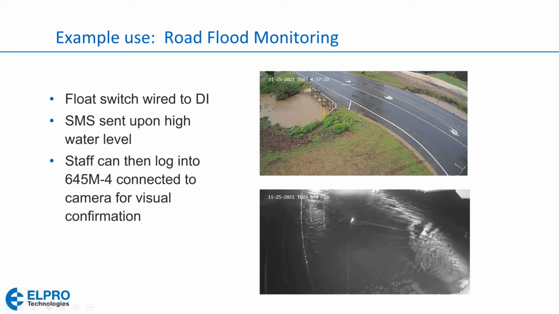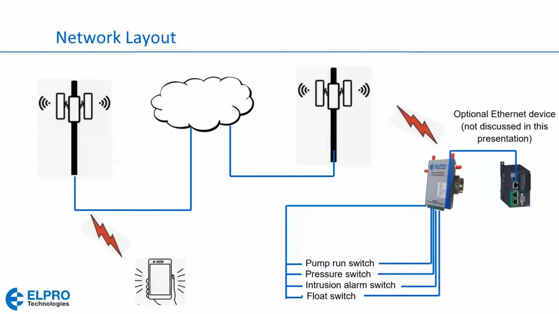You can see that's 14:17, so 2 o'clock in the afternoon, and by 19:17, by 7 o'clock at night, the area was completely flooded. So these can happen very, very quickly. It's a very significant concern in this part of the country. But anyway, some very cool things you can do with these cellular modems here.